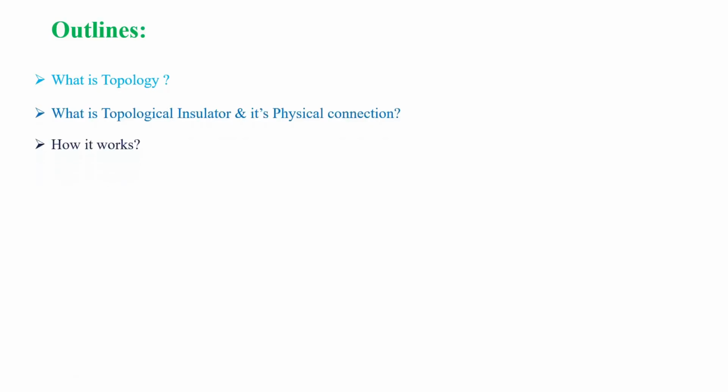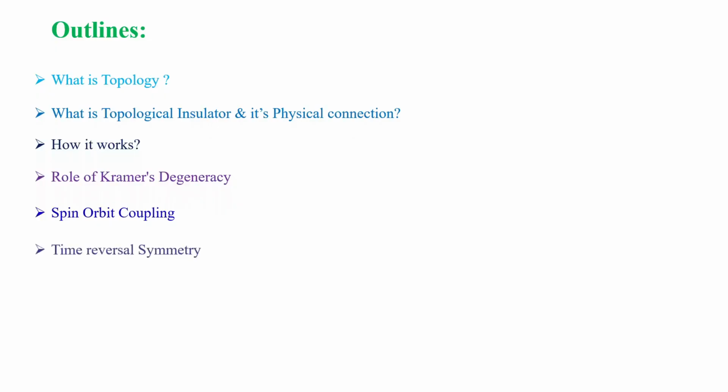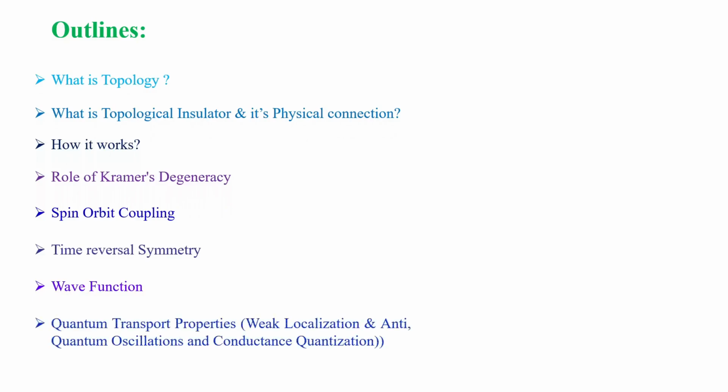The talk is carried out under the following outline: first, what is topology; second, what is a topological insulator and its physical connection; how a topological insulator works; the role of Kramers degeneracy in topological insulators; spin-orbit coupling; time reversal symmetry; wave function; quantum transport properties like weak localization, weak anti-localization, and quantum oscillations; and quantum conductance properties like conductance quantization.